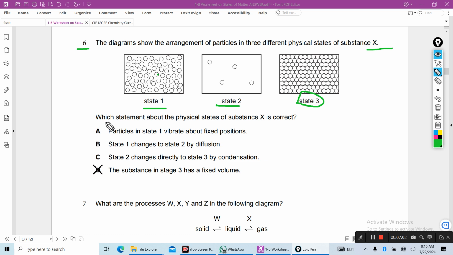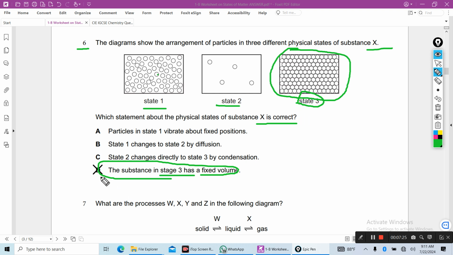Which statement about the physical state of substance X is correct? The substance in state 3 has a fixed volume. Yes, state 3 is a solid, so solid has a fixed volume. The particles are closely packed. D is the right answer.